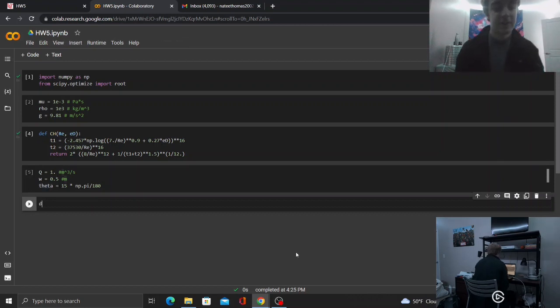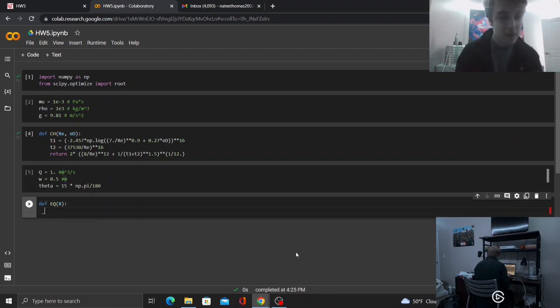So now we can define our equation, where we're going to be giving it a vector of unknowns, and our fluid level H is going to be the first value in that vector.